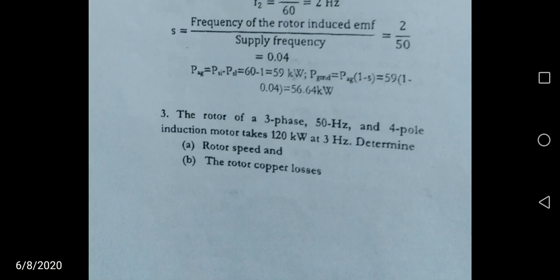So rotor frequency is 3 Hz. 3 into 50, that means 120 into 3 by 4, 90 RPM. Determine the rotor speed and the rotor copper losses.